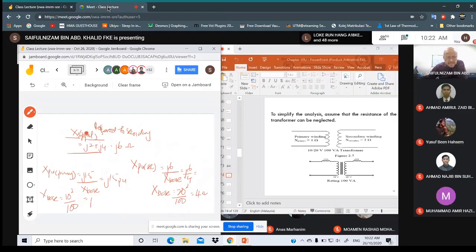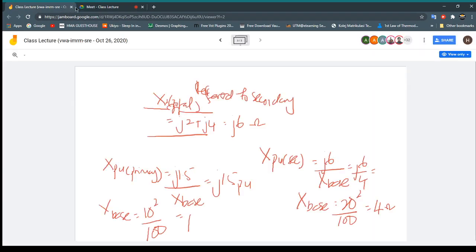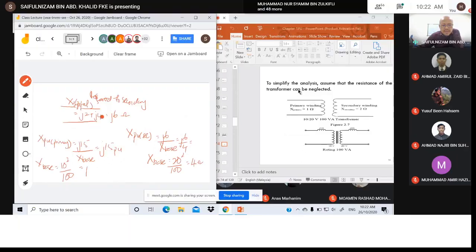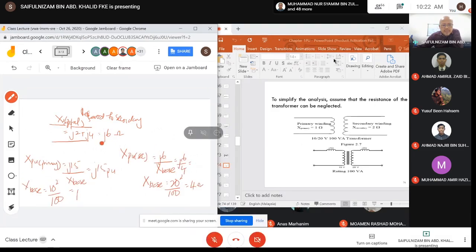Then this is the total reactance referred to the secondary, by adding the existing secondary reactance j2 plus the referred reactance j4. So we get j6 ohm. So this is the total reactance referred to the secondary.